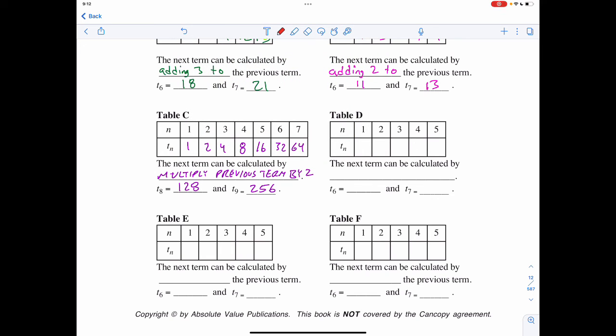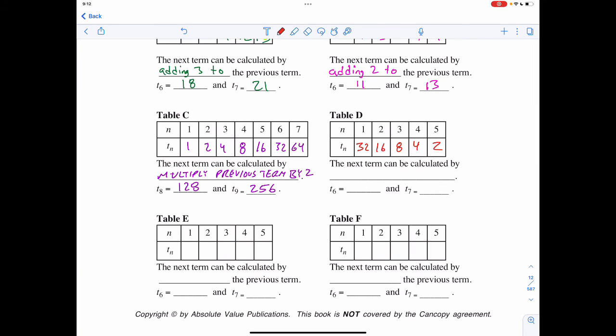For table D, the numbers were 32, 16, 8, 4, and 2. Now, how do I get from one term to the next? You might say dividing by 2, but for this unit, we always think of it as multiplying by a fraction. It's the same as how we always think of it as we go add to get from one term to the next, but we could add a negative number.